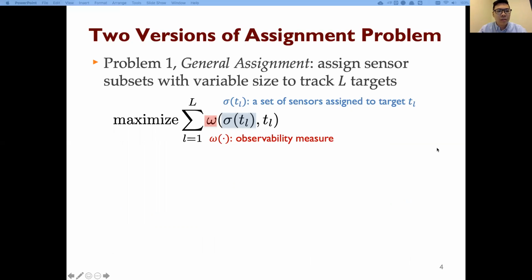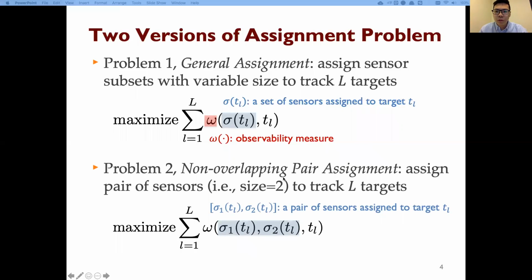The first one is called general assignment, where we assign sensor subsets to track targets. The size of each sensor subset can be different, and our objective is to maximize the summation of the observability measures omega from all L targets. Then we study a restricted version of the general assignment problem, that is non-overlapping pair assignment, where we assign exactly a pair of sensors to track each target.